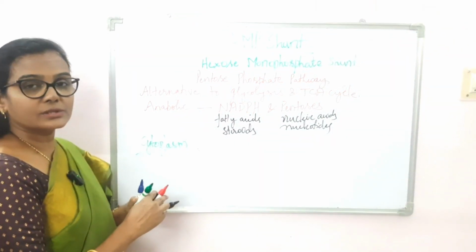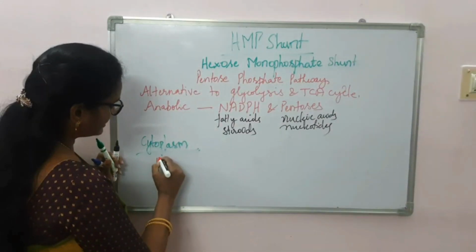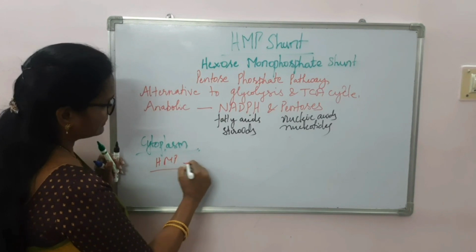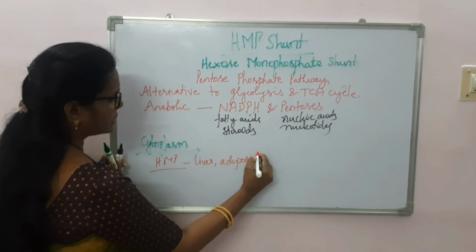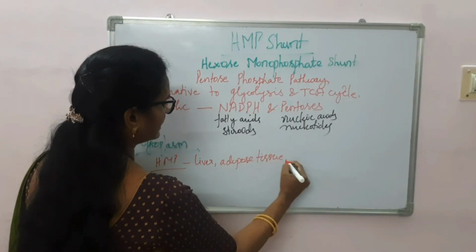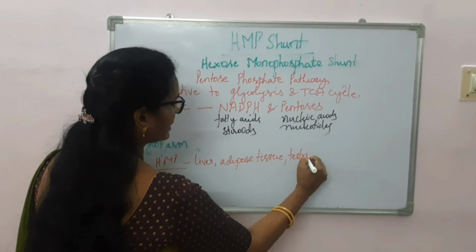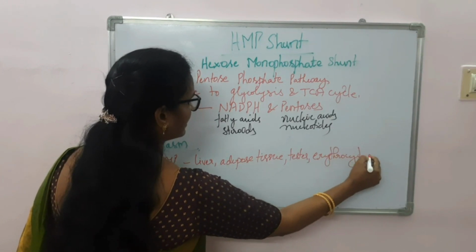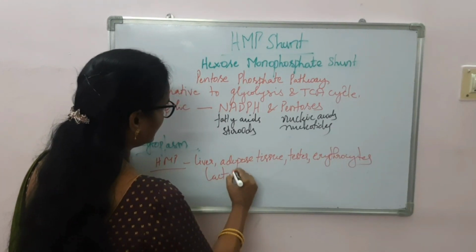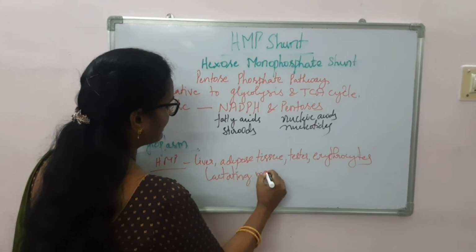And some of the tissues are more active in carrying out the HMP shunt. Those are liver, adipose tissue, then testes, erythrocytes, and lactating mammary glands.